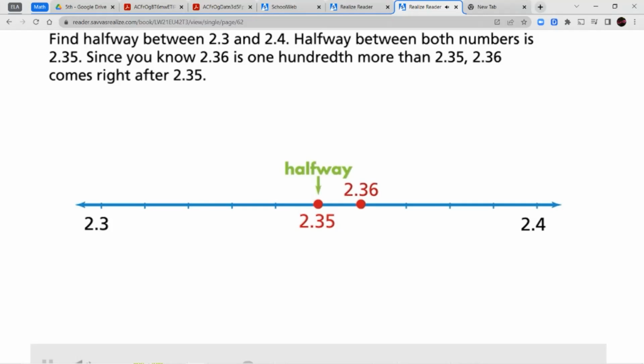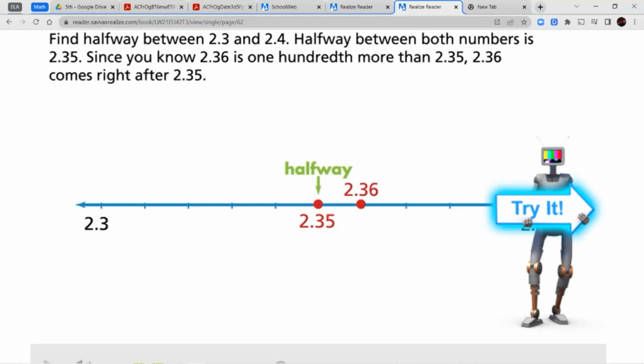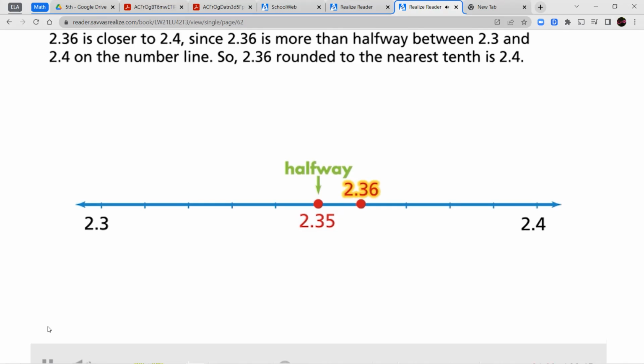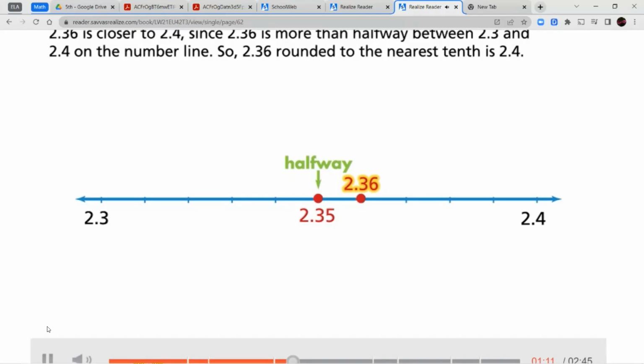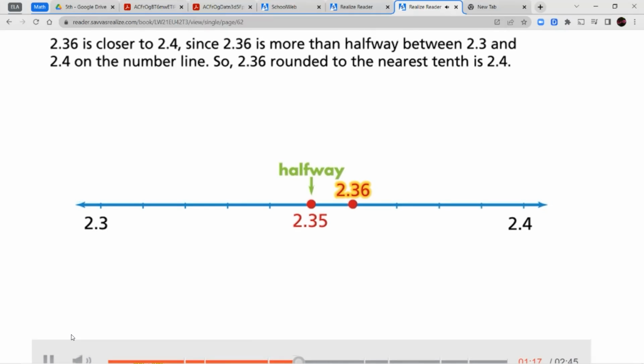Since you know 2 and 36 hundredths is 1/100th more than 2 and 35 hundredths, 2 and 36 hundredths comes right after 2 and 35 hundredths. 2 and 36 hundredths is closer to 2 4/10, since it is more than halfway between 2 3/10 and 2 4/10 on the number line.